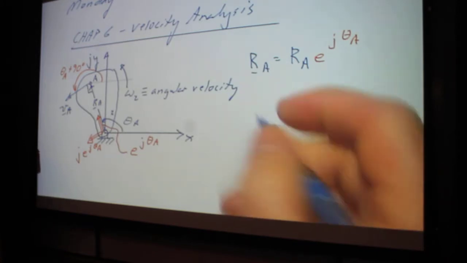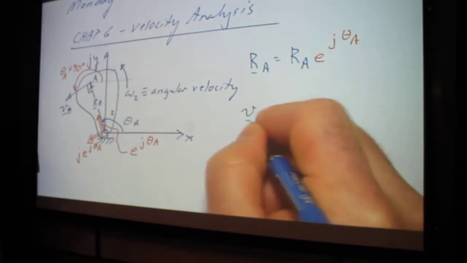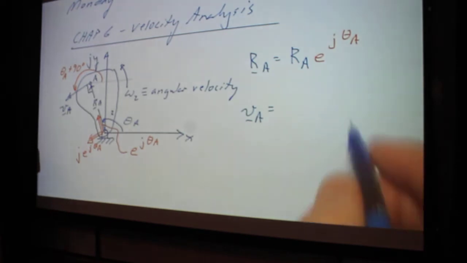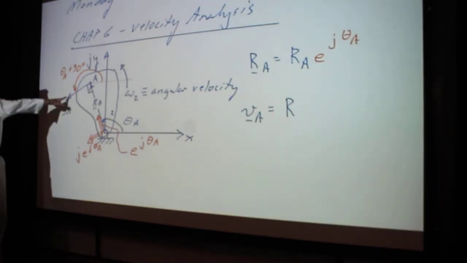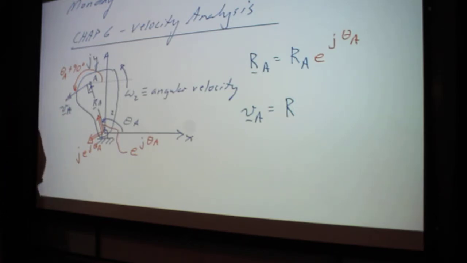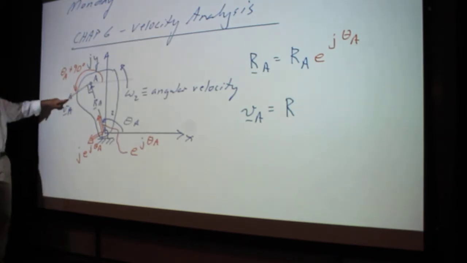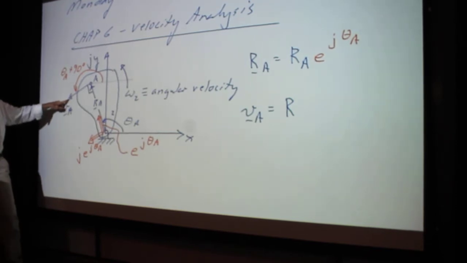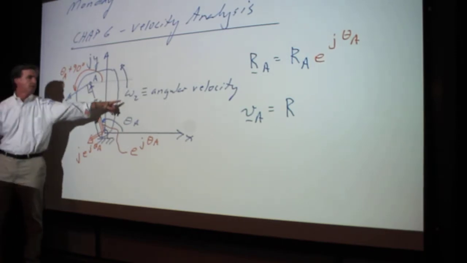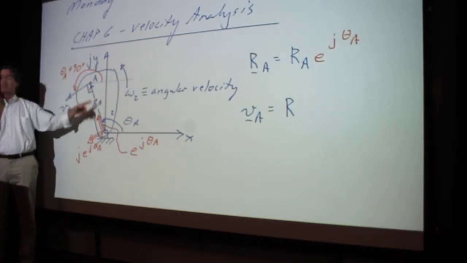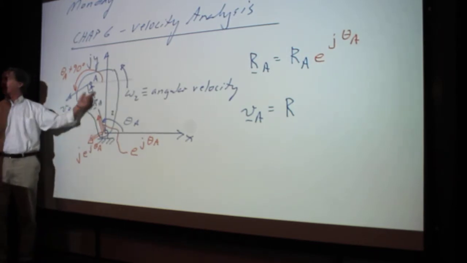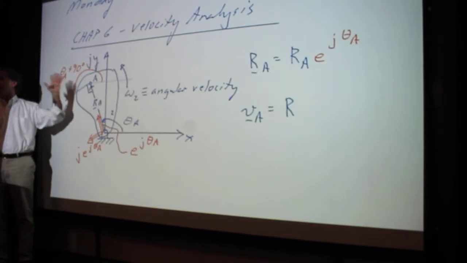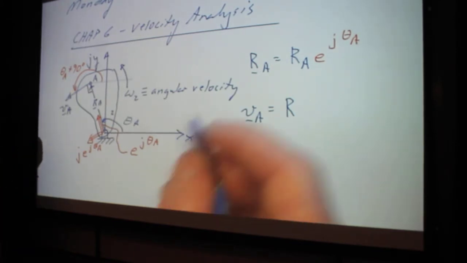And for the velocity of A, I can say that it equals RA. Well, tell me what the magnitude of this vector is. What's the magnitude of the velocity of A? It's omega 2 times RA, because you look at the angular velocity, see how far it is out from the center, multiply those two things together, and you get the magnitude.